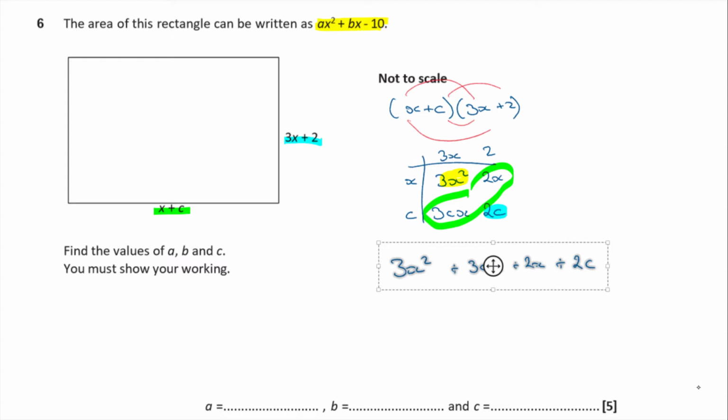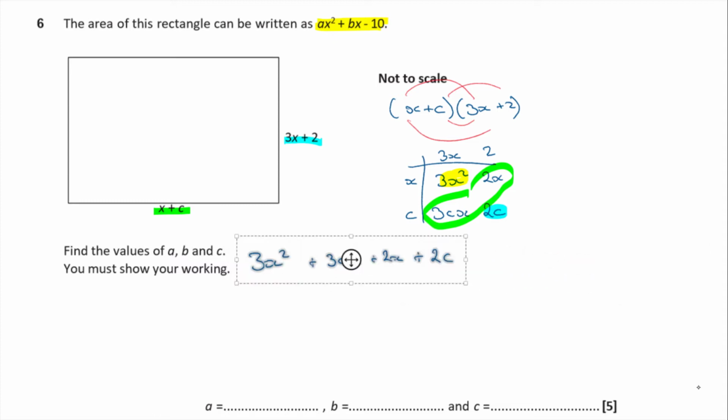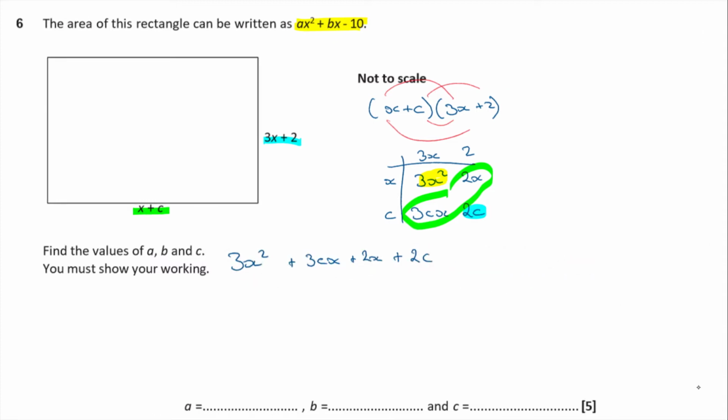Actually, I'm just going to shimmy this along a bit because I want to compare it with the other one now. So now I've got this expression, I can compare it with what we had to start with, this ax squared plus bx minus 10 business. So that's equal to ax squared plus bx minus 10.